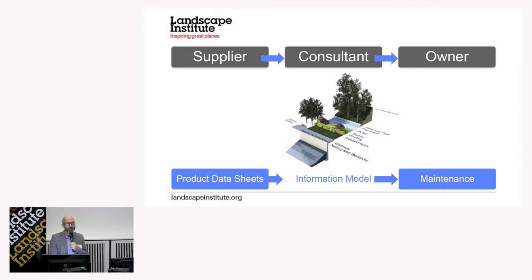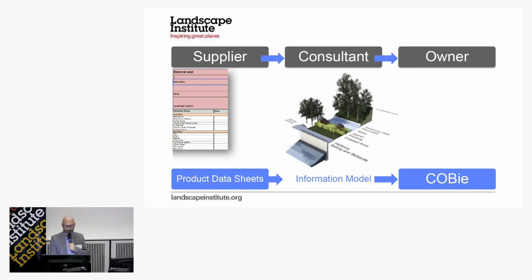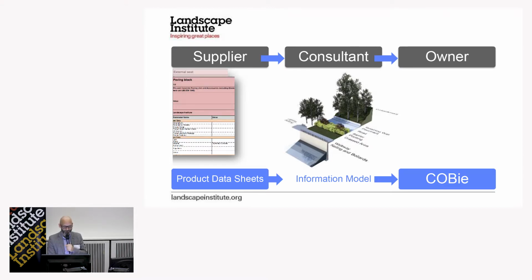So that is the information going into the model, and then out of there we have the information required for maintenance. The scheme for the data output is known as COBie, as I said, and that stands for Construction Operations Building Information Exchange. I don't come up with the acronyms. There are lots within the industry. Obviously, the fact that we're talking about GIS and BIM sort of alludes to that fact.